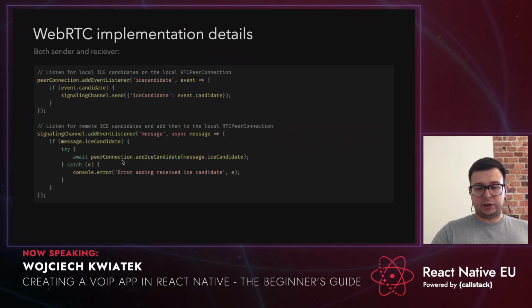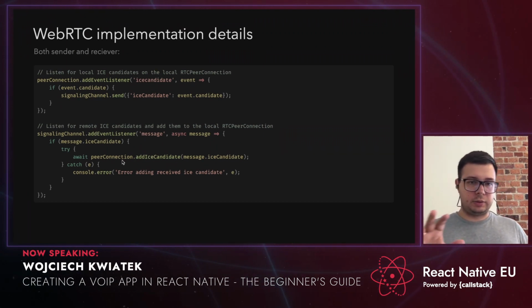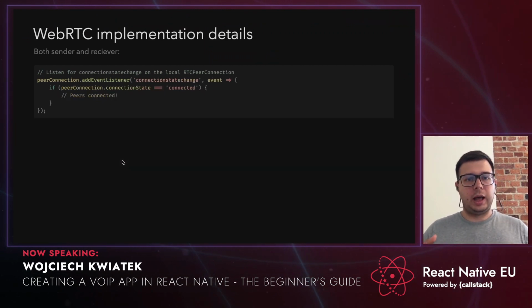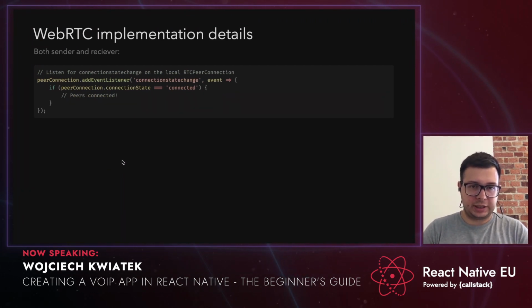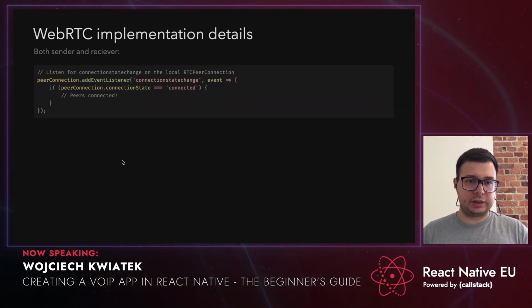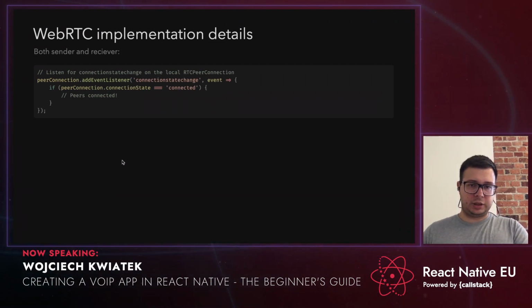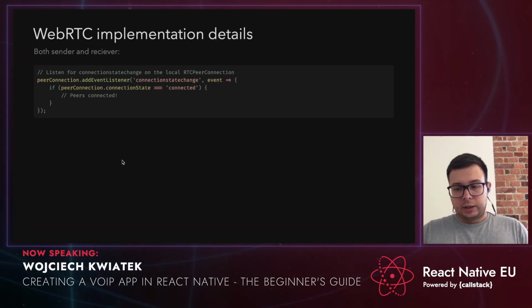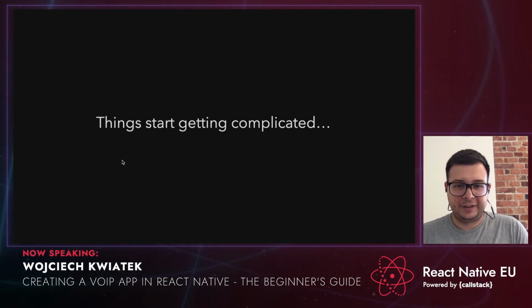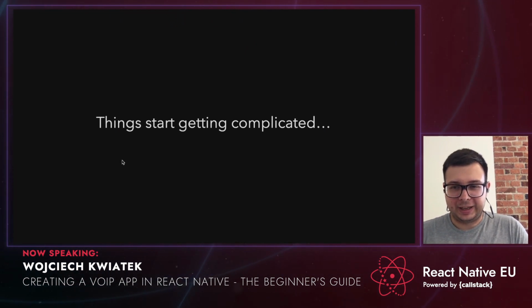And now, after these two things, this means that we have the networking set up, so we are allowed to send the media. As we have the connection state changed event listener here, we can see that the connection state changed to connected. Then we are good to go. We can send the media. Okay, things are getting complicated.